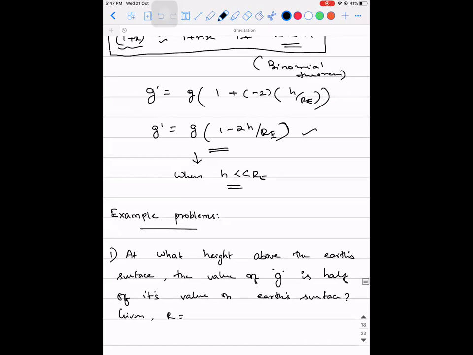Given radius is 6,400 kilometers, that is the radius of Earth.